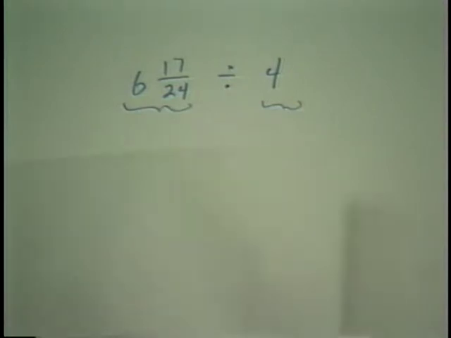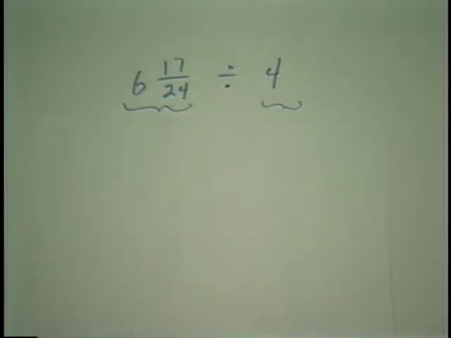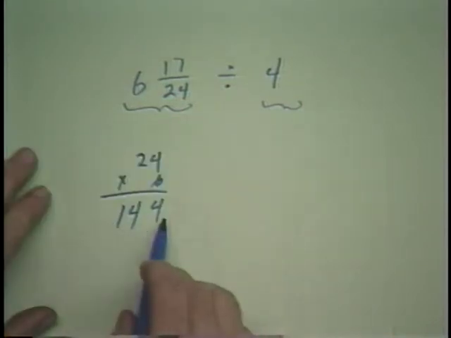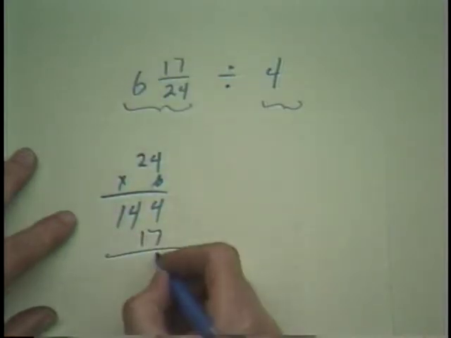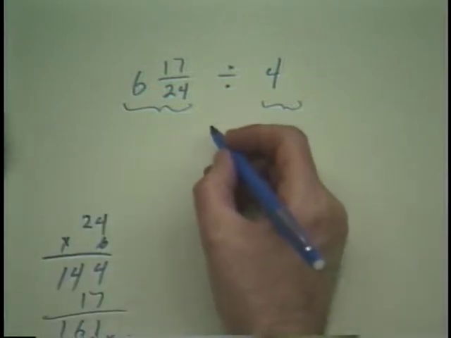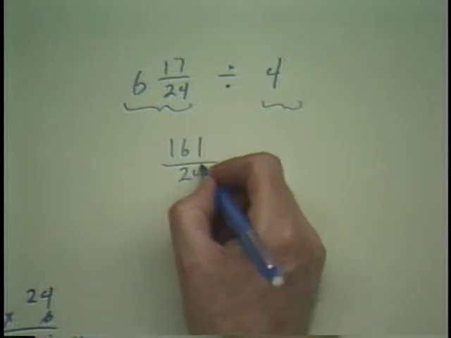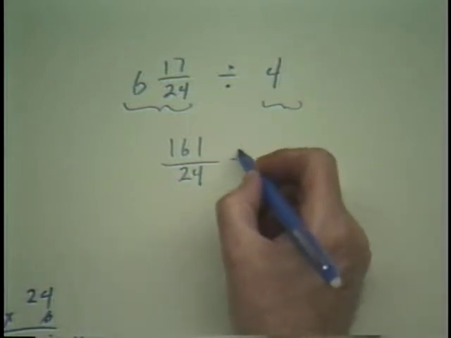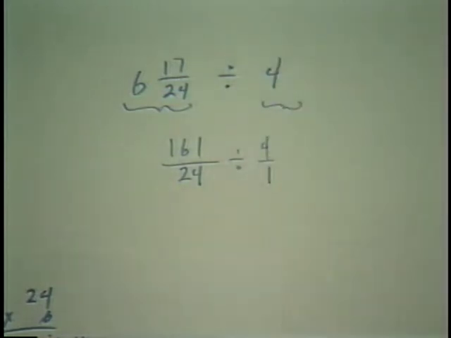So on scratch paper, 6 times 24 gives me 144, plus the top, which is 17. So I have 161 over 24, and divided by 4 over 1 to write it as a fraction.